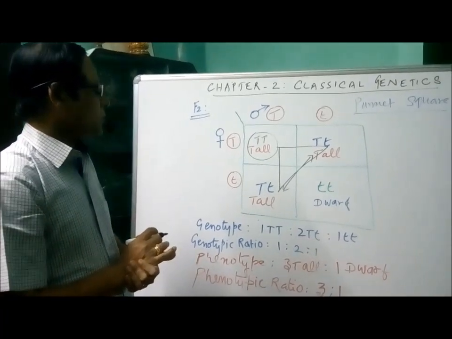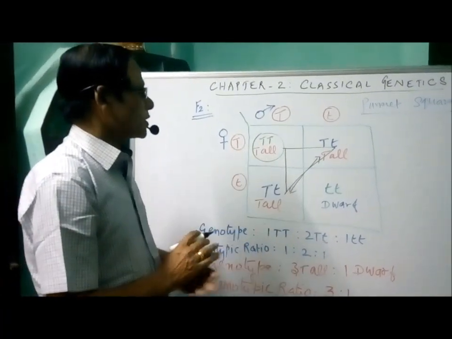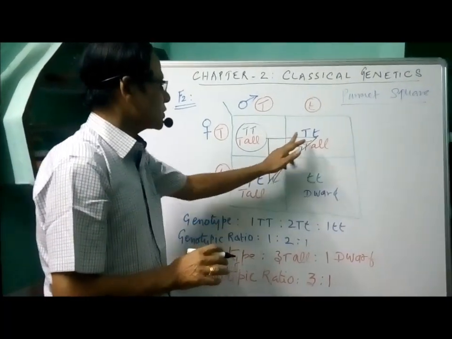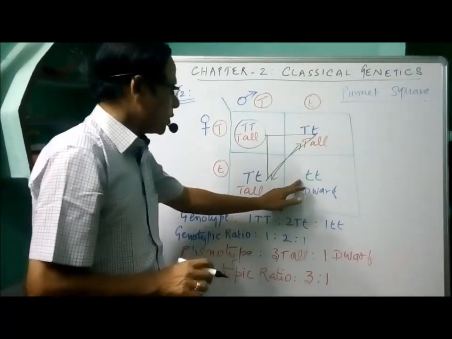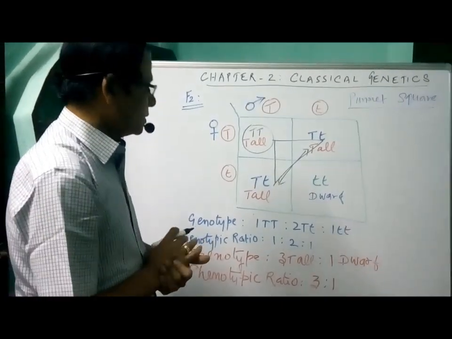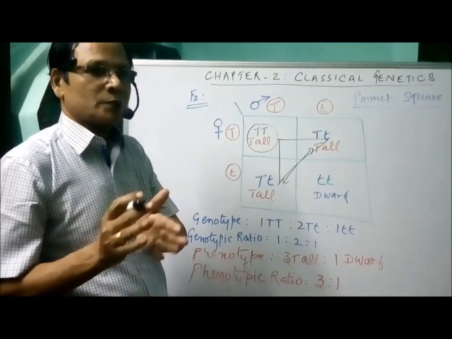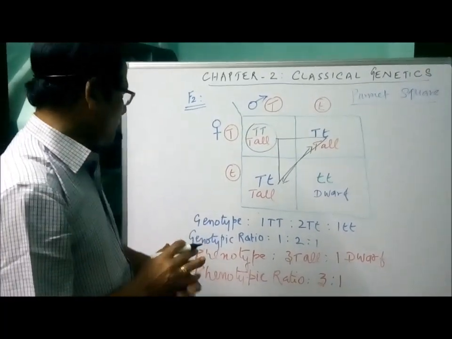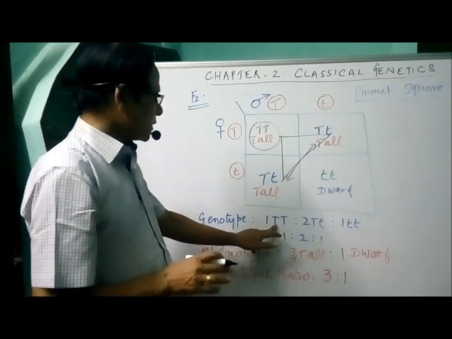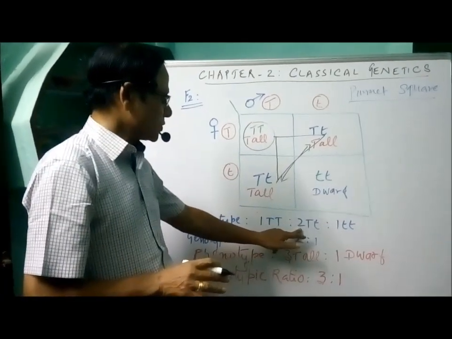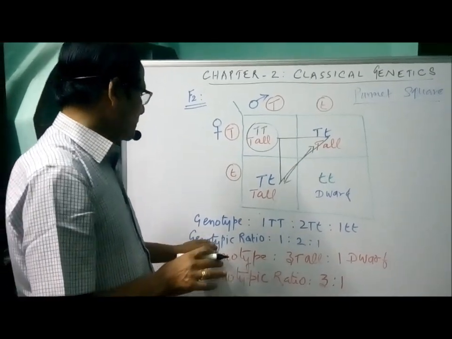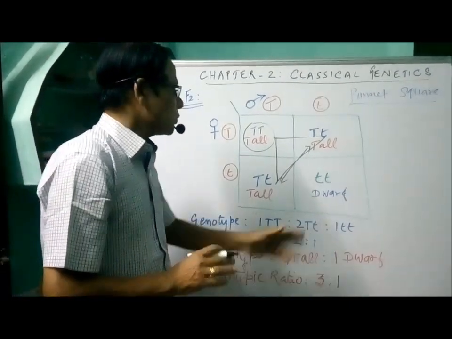Out of these three talls, only one is homozygous tall, and in this diagonal line we have heterozygous tall. Then only one dwarf individual, that is homozygous recessive. We know that the recessive character is always expressed in homozygous condition. So the genotypes obtained in F2 are one homozygous tall, two heterozygous tall, and one homozygous recessive. Then the genotypic ratio is 1:2:1.